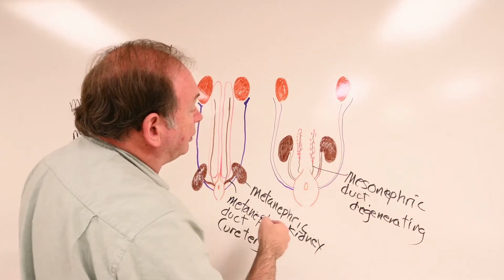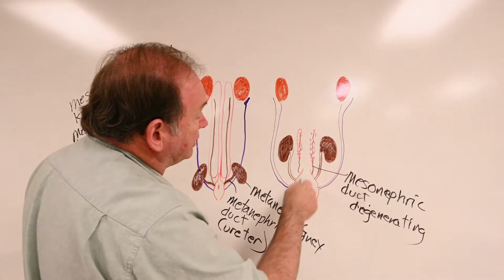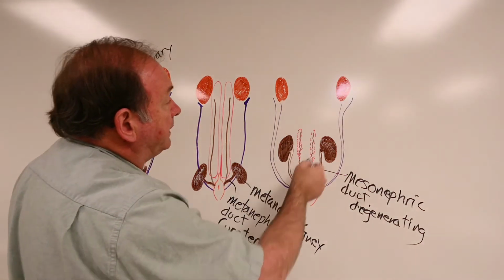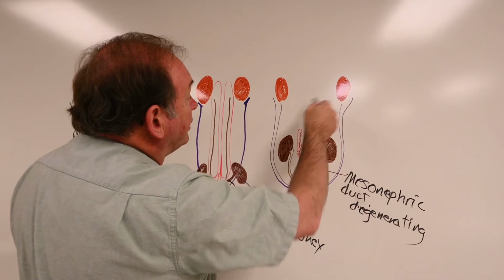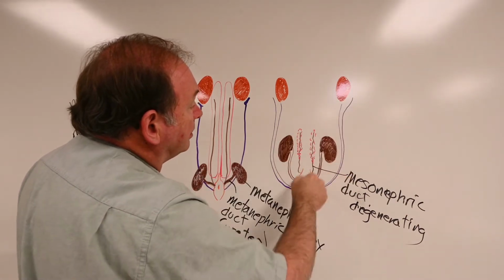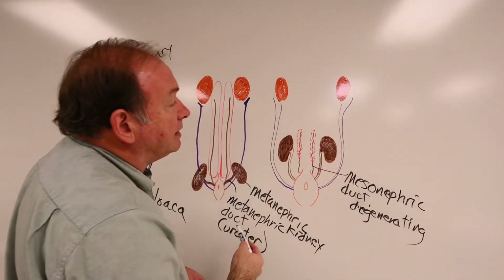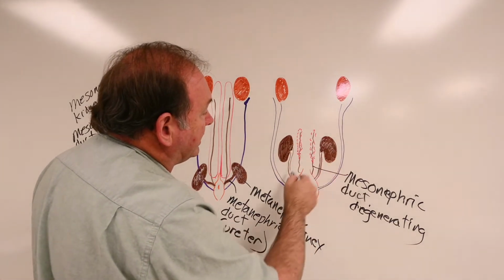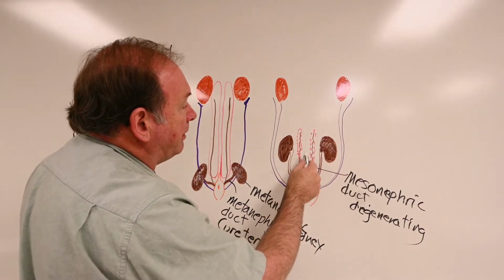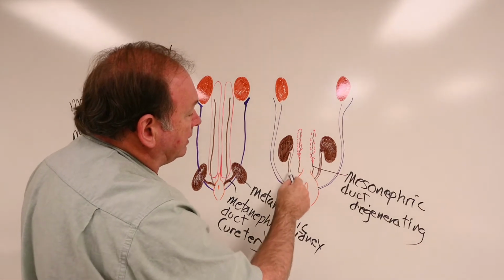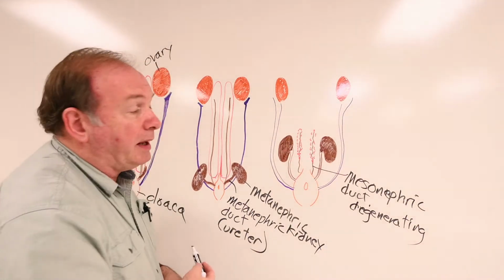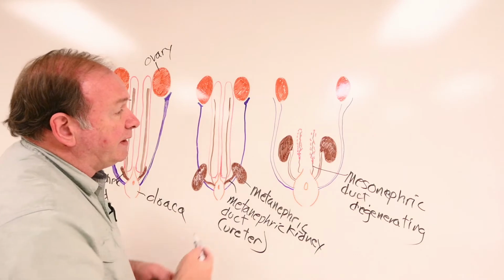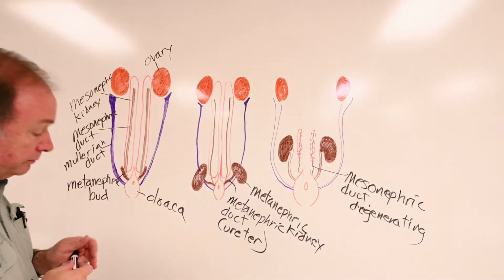We're still connected to the cloaca. We'll see changes in that later on. But anyway, at this stage, we have the two ovaries, two Mullerian ducts that will become oviduct and uterus, two kidneys, metanephric kidneys now, not mesonephric kidneys, and formation of a ureter from that metanephric duct. So that's the female. Now look at the male.